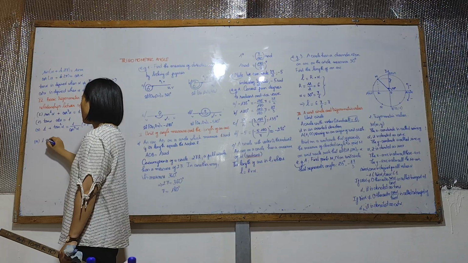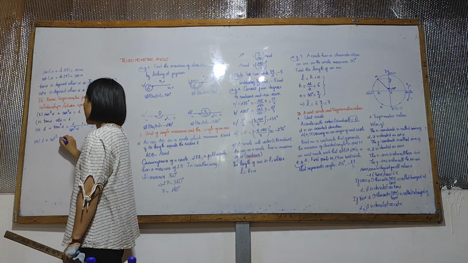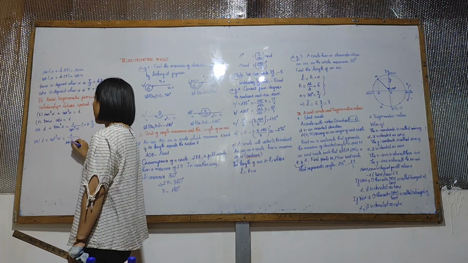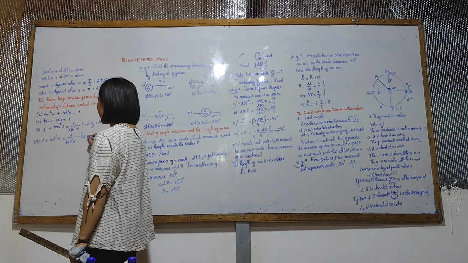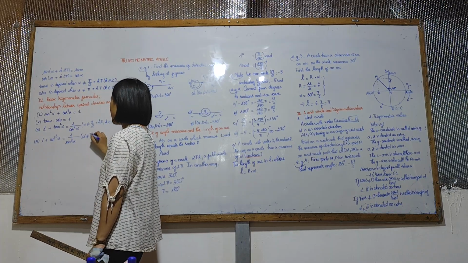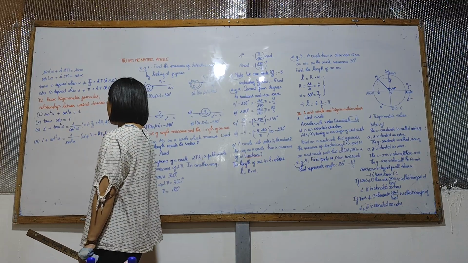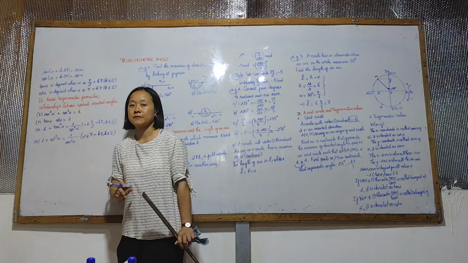Number 4. 1 plus cotangent squared alpha equals 1 over sine squared alpha, where alpha is different from kπ, k is in the integers.